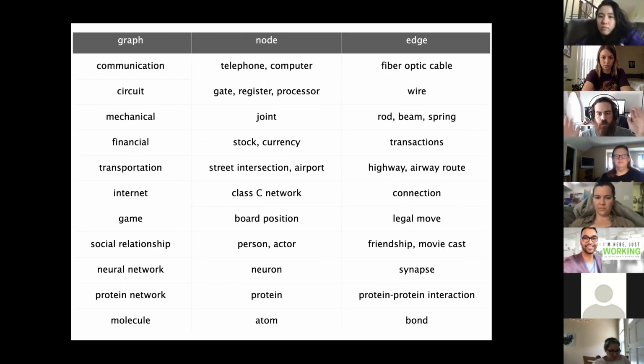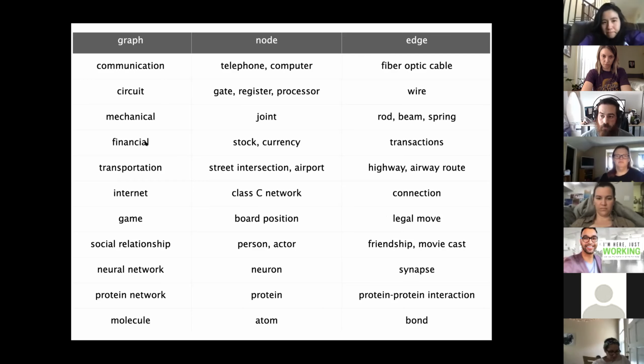And here is just a big old table of many, many ways to model things with graphs. You can model transportation networks. We did that. You can model the internet. You can model games where each node is a board position and an edge coming out of that node is a legal move to a different board position. Social networks are graphs.